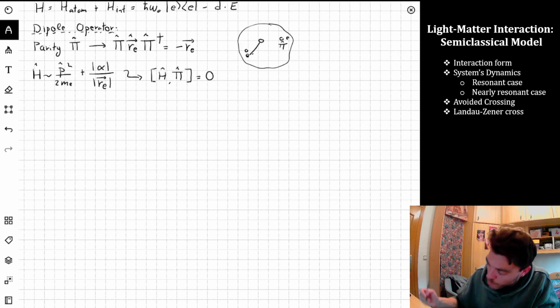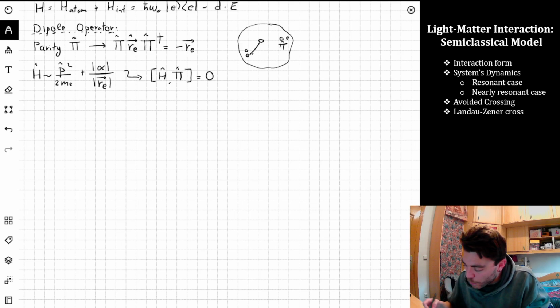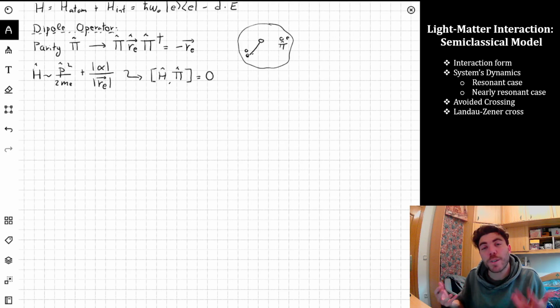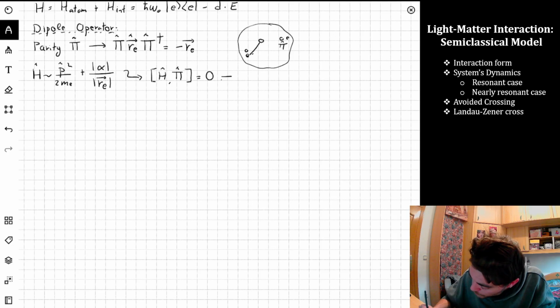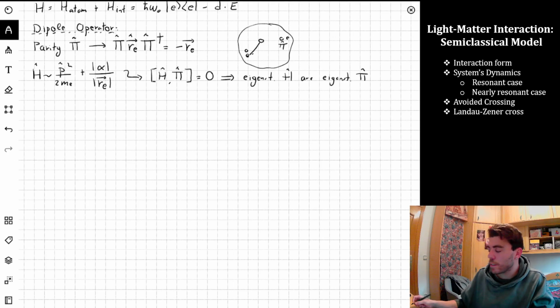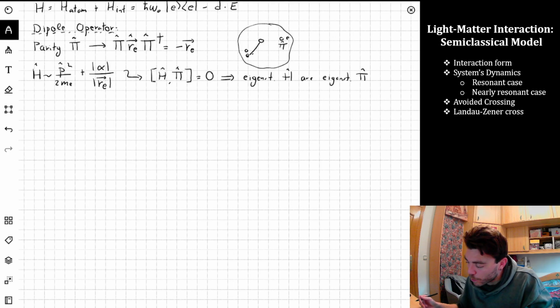So this commutator is equal to 0. This follows because the parity operator only exists to flip the sign, so it only cares about the sign of this position operator. But the Hamiltonian doesn't care. So they have to commute. But in particular, this means that the eigenstates of the Hamiltonian operator are also the eigenstates of the parity operator. And this will become relevant in what follows.